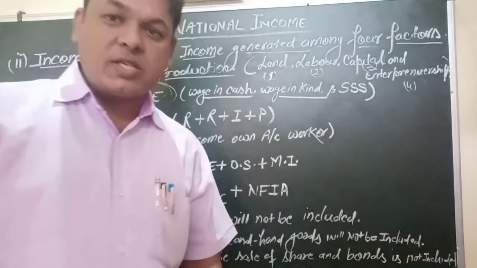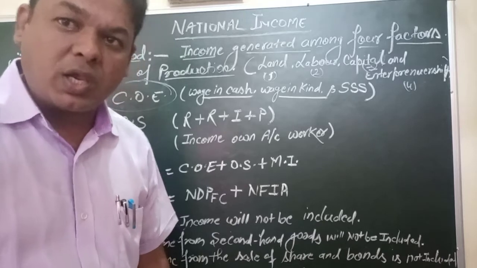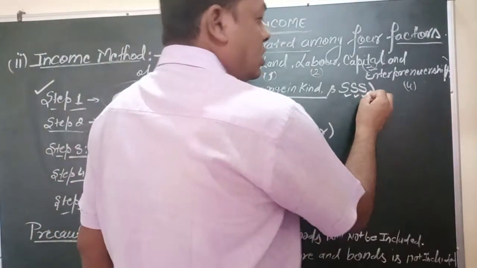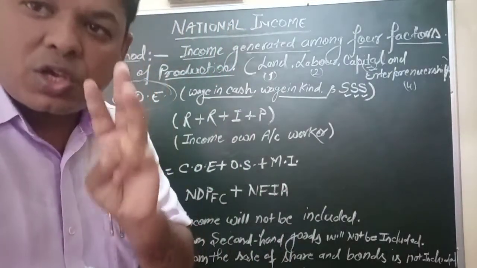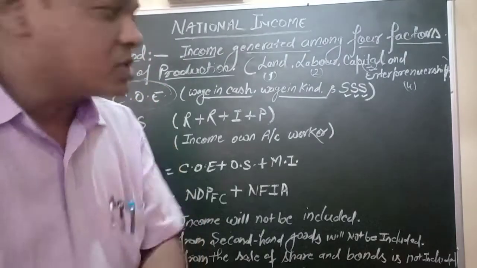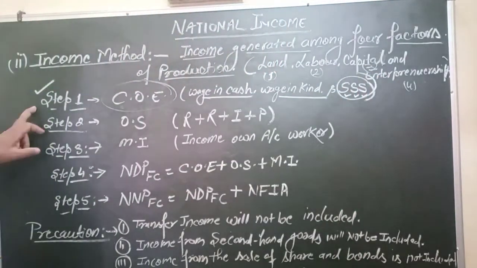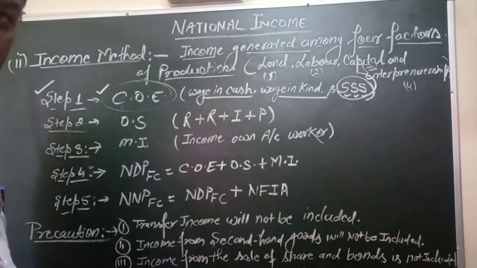The third is employer contribution for the employee in the form of social security schemes. So step 1 is the calculation of compensation of employees.